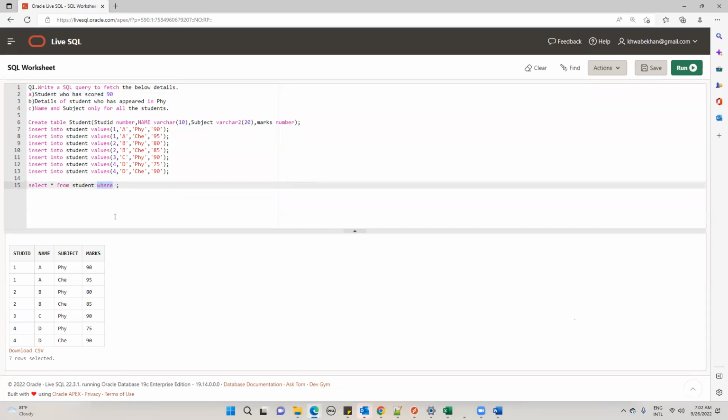It will apply a filter at the table level. So your expectation is to get those student details who have scored 90. So we will write here, marks equals 90. Okay, so now you will see you get only those students who have scored 90 marks.